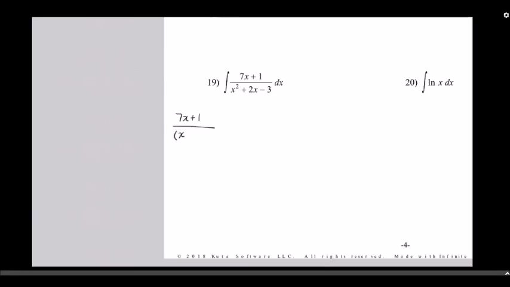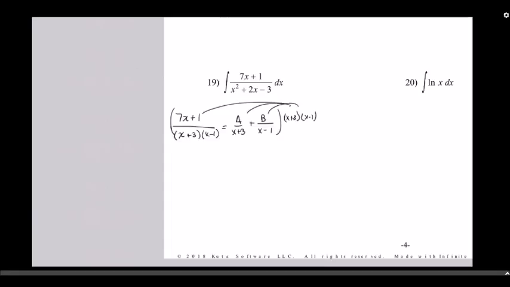So if we factor, 2 factors in the denominator means 2 partial fractions. And then we multiply that expression by the lowest common denominator, and it multiplies each of those.